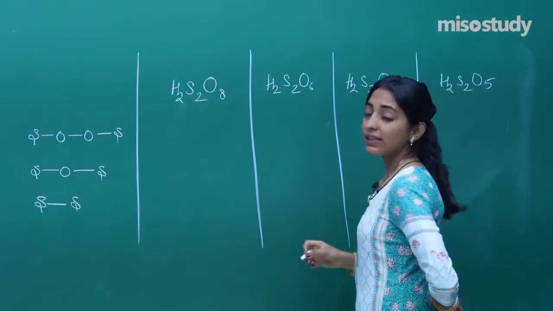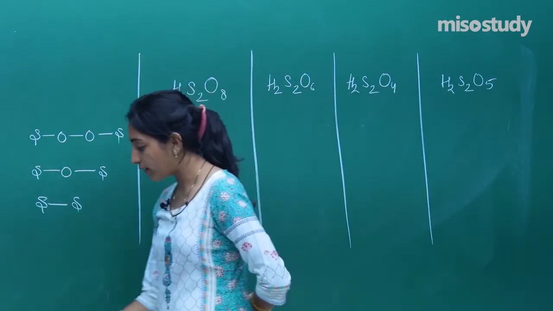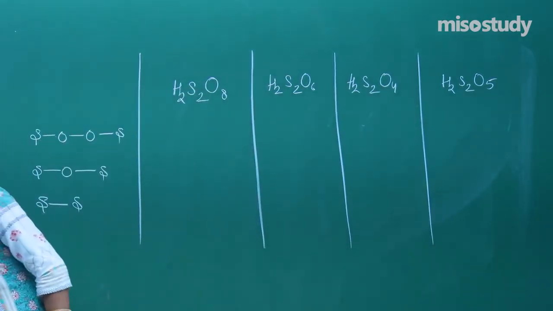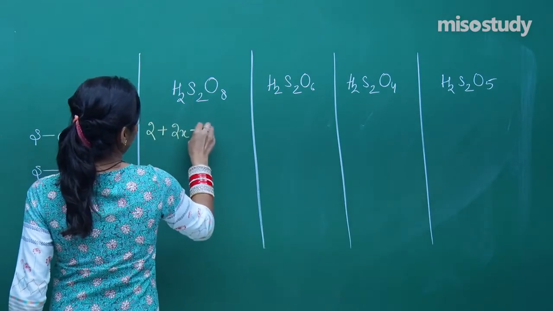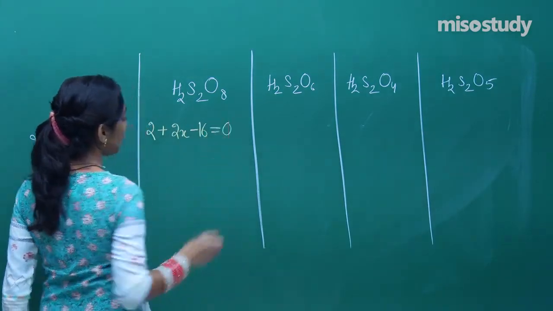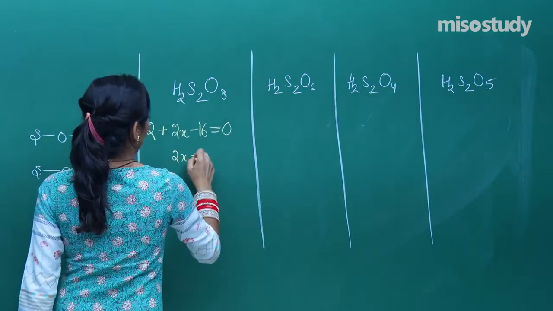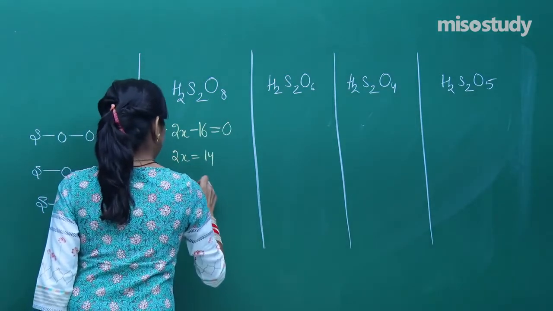So let's try to calculate the oxidation state of the central sulfur atom. While calculating the oxidation state, I'll say 2 plus 2x minus 16 is equal to 0. So 2x is equal to 14 and x is equal to plus 7.